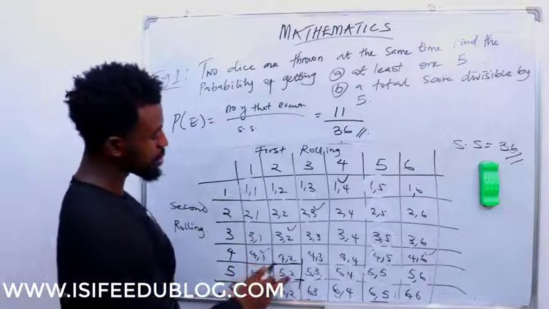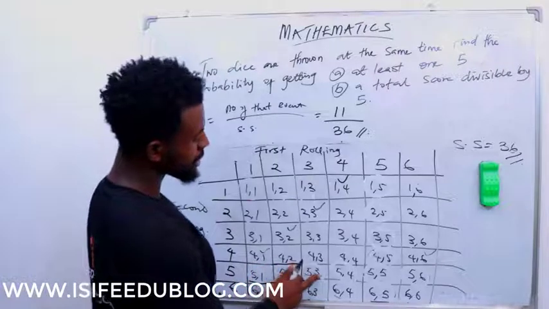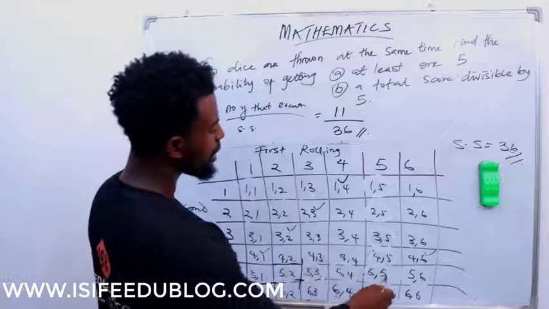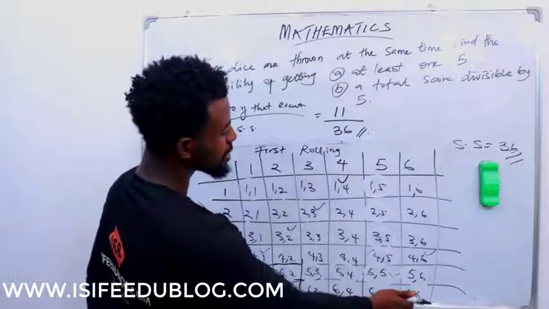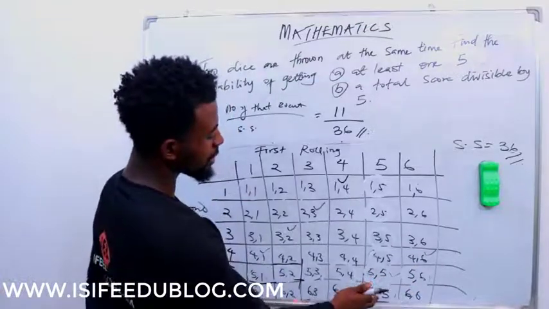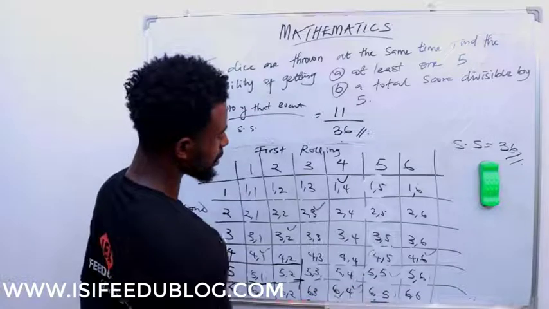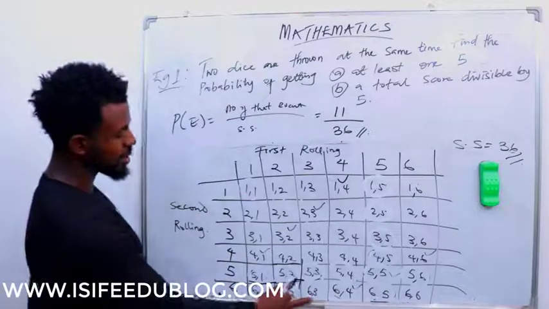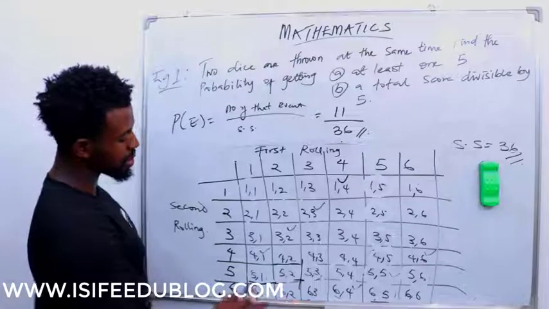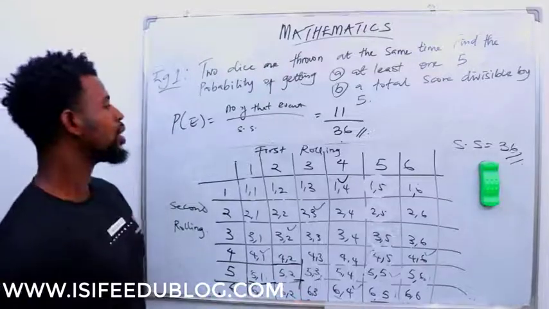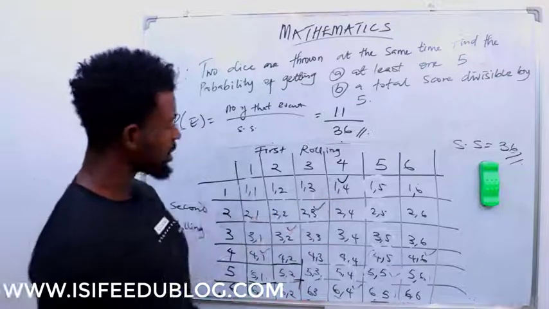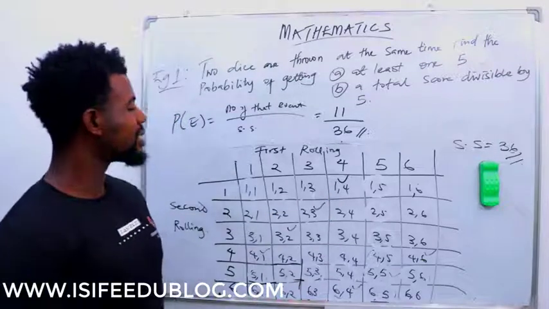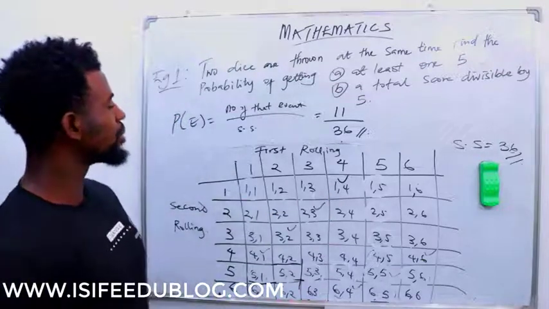No. 5 plus 2 is 7. 5 plus 3 is 8. 5 plus 4 is 9. 5 plus 5 is 10. Yes. 5 plus 6 is 11. 6 plus 6 is 12. 6 plus 5 is 11. 6 plus 4 is 10. Yes, we're looking for this. 6 plus 3 is 9. 6 plus 2 is 8. 6 plus 1 is 7. So our marked out places are where you have faces of which their sum is divisible by 5.